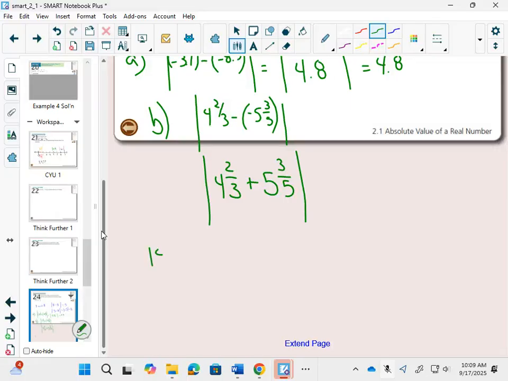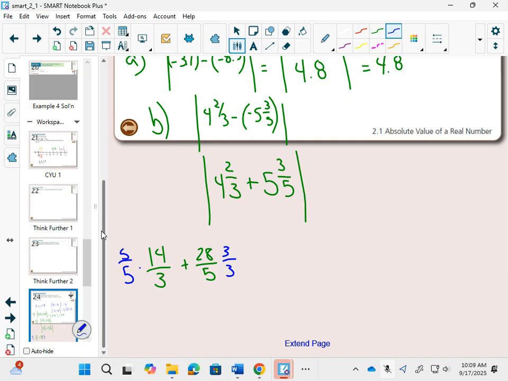You see that this is 14 over 3 plus 28 over 5. And then I'm going to need a common denominator to add my fractions. So I need to multiply this one by 5 over 5, and this one by 3 over 3. Right?